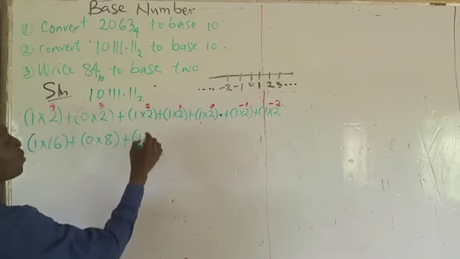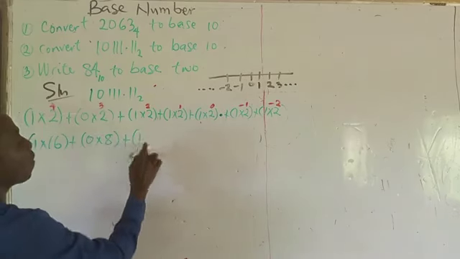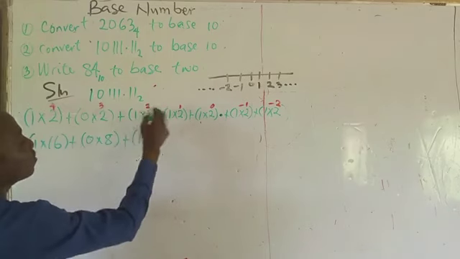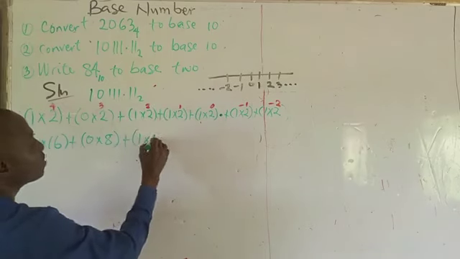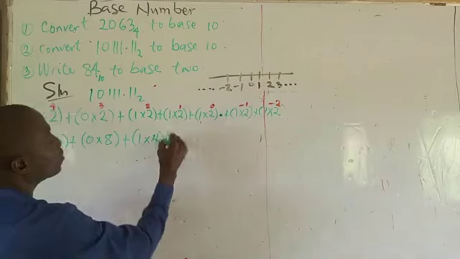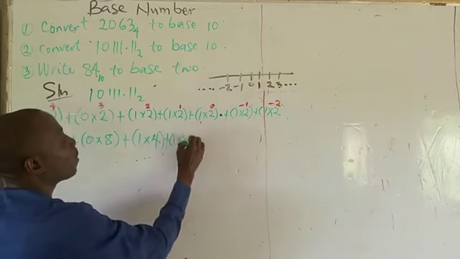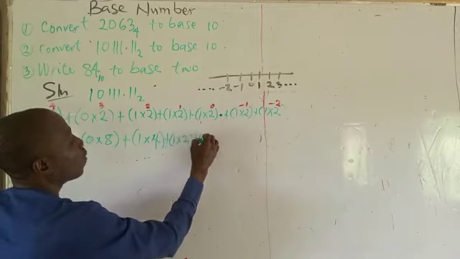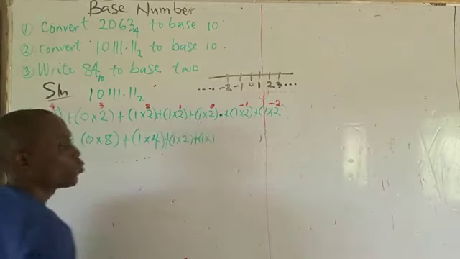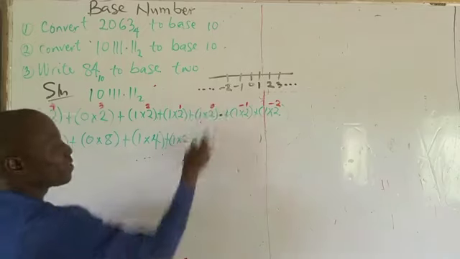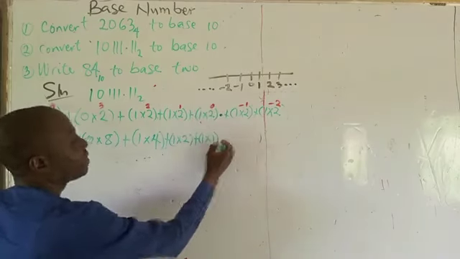Plus 1 times 2 times 2, that's 4. 2 raised to power 2 is 2 times 2, this is 4. Plus here is 1 times 2, plus 1 times 1. You know why it's 1 also? Anything raised to power 0 is 1. That's fine. And these are the dots.